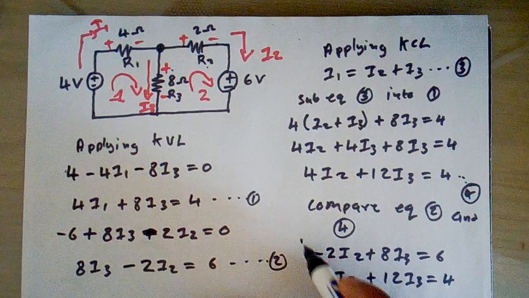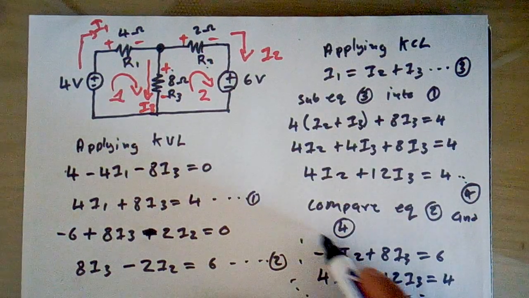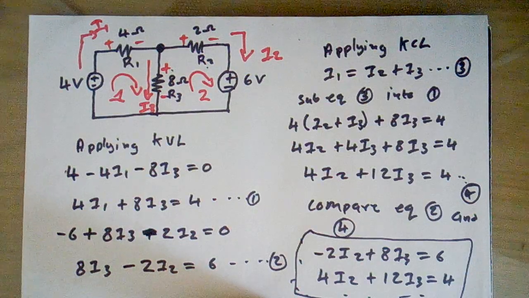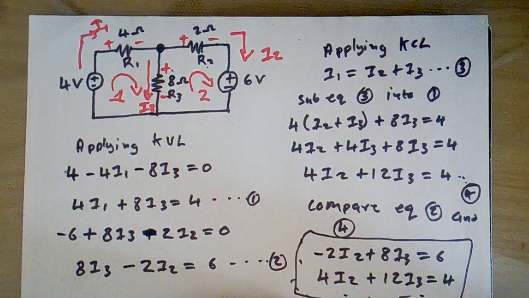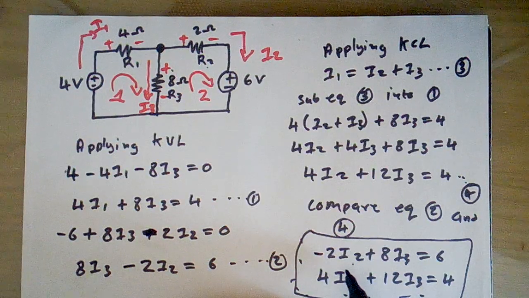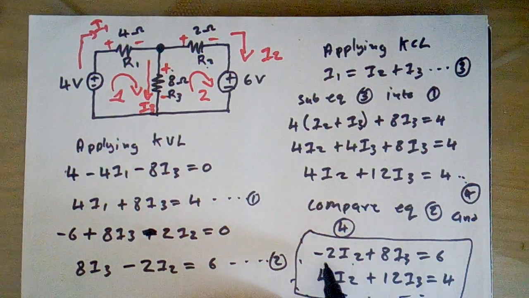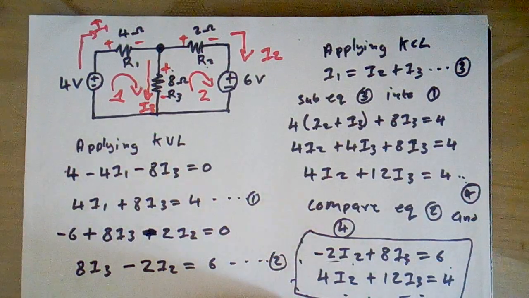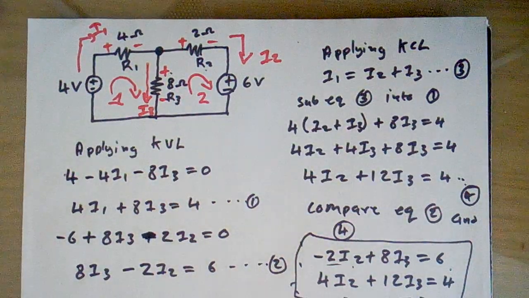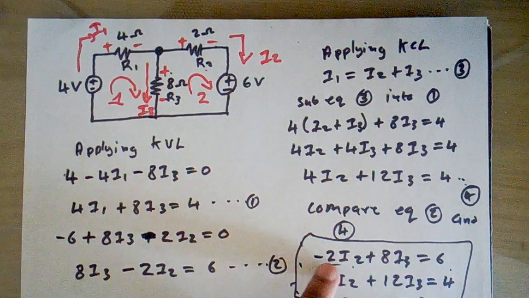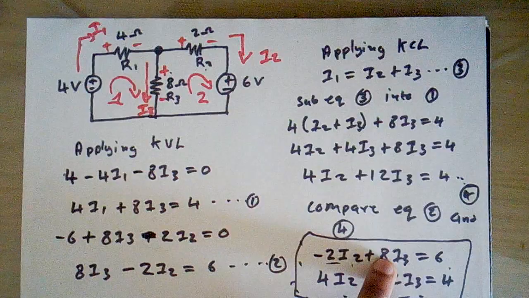When we look at these two equations, you can see that you can eliminate I2, but it's going to cost us to multiply this equation by 2. If we multiply this equation by 2, this is going to be minus 4, and then 16.